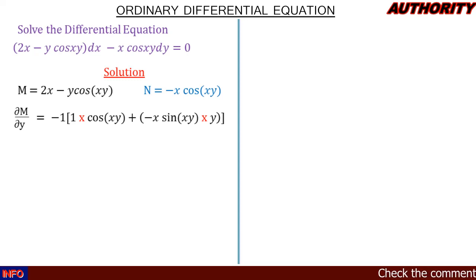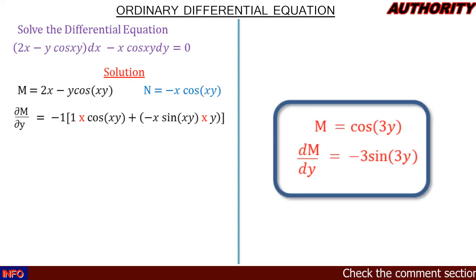Look at it. Differentiating cos xy partially with respect to y, we regard x here as a constant. For instance, let's say we have M equal to cos 3y. If we differentiate this M with respect to y, what will it give you?